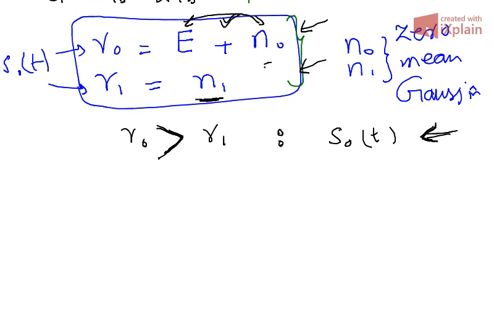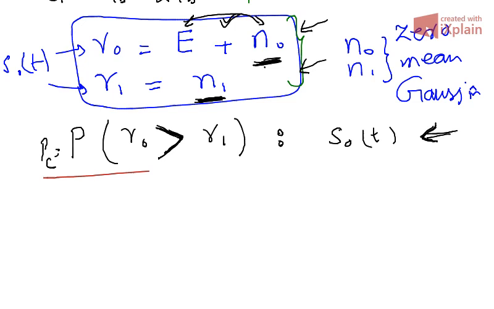Now the probability of this event, that R0 is greater than R1, because random numbers are involved here, zero mean Gaussian process, zero mean Gaussian sample values, contributes to the probability of correct decision. So this is actually the probability of correct decision.